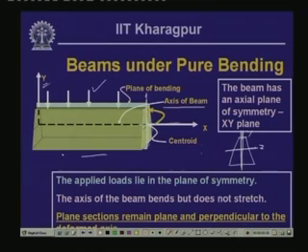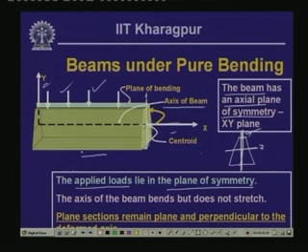So, here we assume that the section is symmetrical with respect to this vertical plane, and the plane of bending is this particular plane, and also in this particular plane the load acts. So, we say generally that the beam has an axial plane of symmetry, which is the xy plane in this particular case. That means the section is symmetrical with respect to this plane. Also, the applied loads lie in the plane of symmetry. This is what we assume over here.